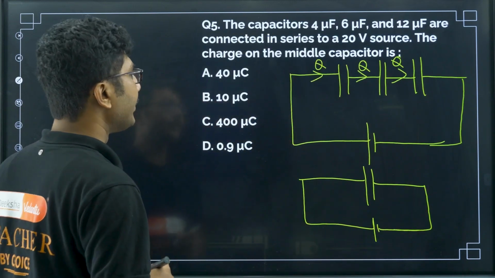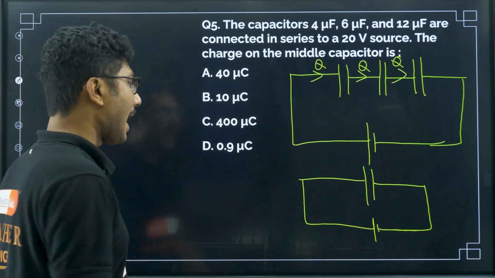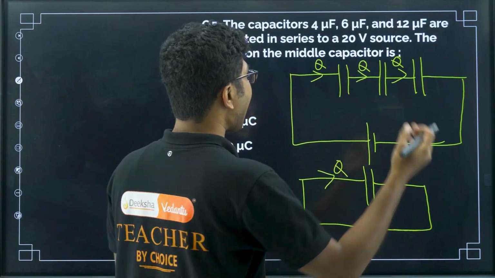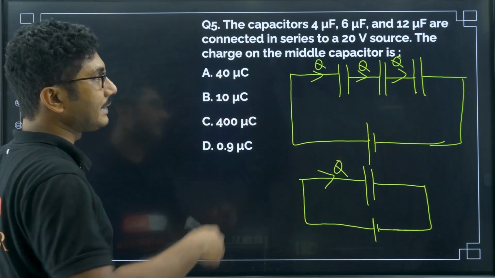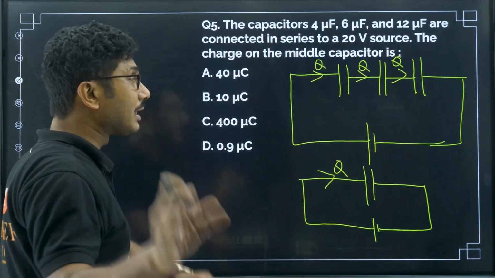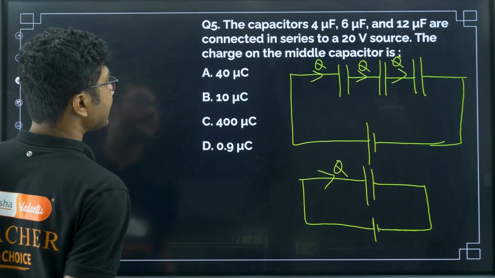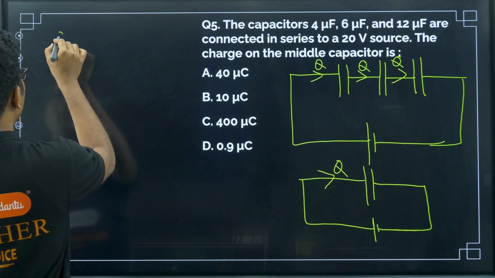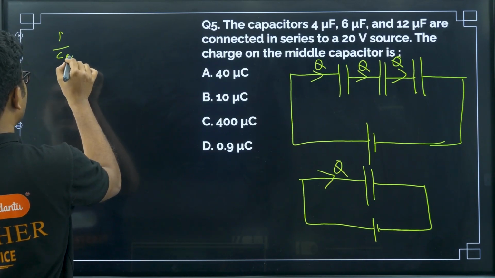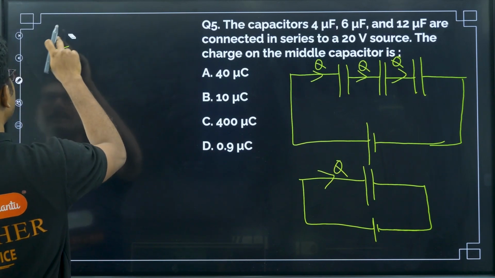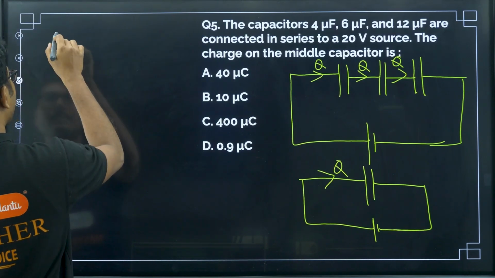So what we will do, we will find the equivalent capacitance and then we will find the charge in that equivalent capacitance. That will be the same as the middle capacitor, the first capacitor, and the third capacitor. All capacitors will have the same charge. Okay, what is the equivalent capacitance when capacitors are connected in series? So 1 by C equivalent, there are 3, so we cannot simply write C1 C2 by C1 plus C2 because there are 3 capacitors.